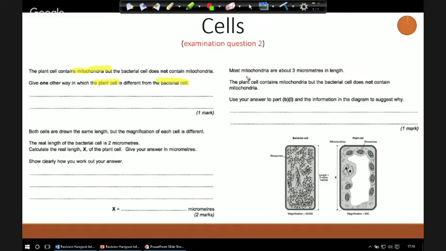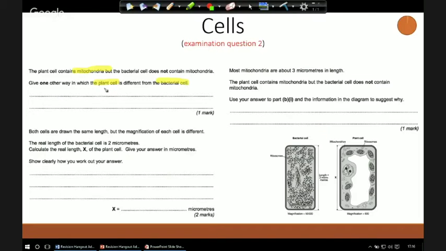And finally, most mitochondria are about 3 micrometers in length. The plant cell contains mitochondria, but the bacterial cell does not contain mitochondria. Use your answer to part B, part 1, and the information in the diagram to suggest why.